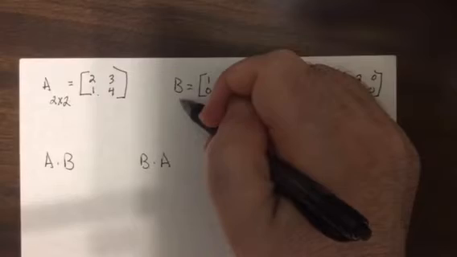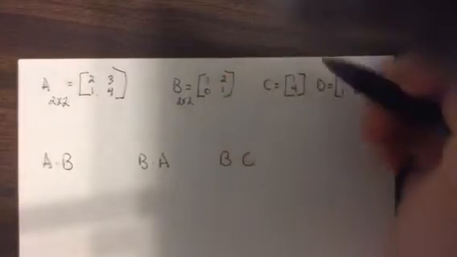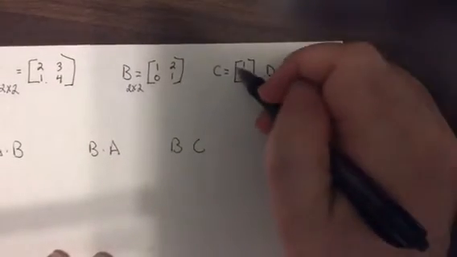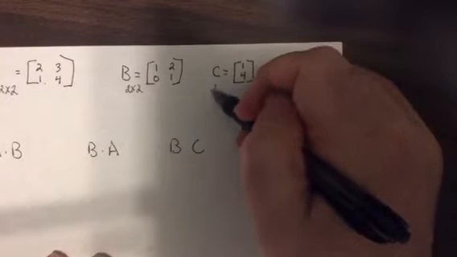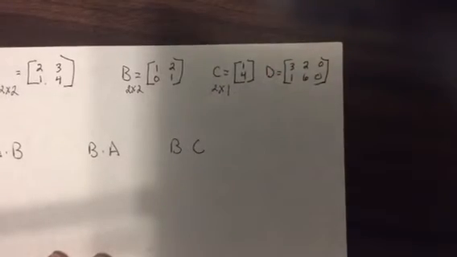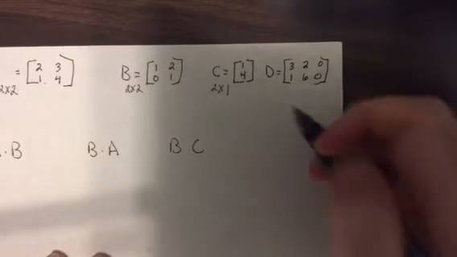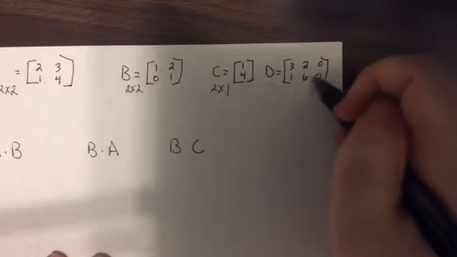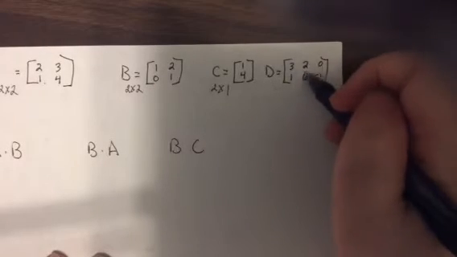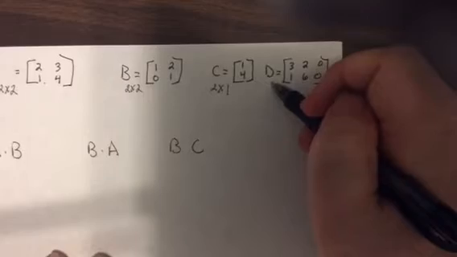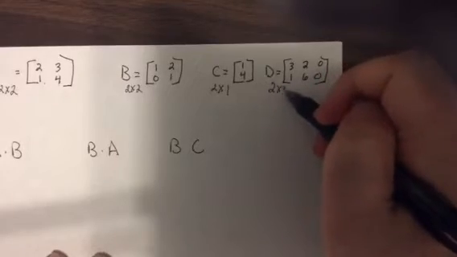This one, also 2 by 2. What is this one? Well, 2 by 1. And what's this one? Let's see, 2 rows, 3 columns, so it'd be a 2 by 3. Now that's going to be important.